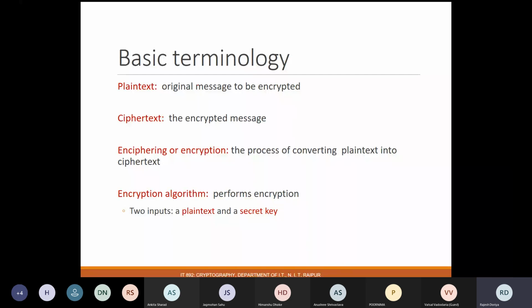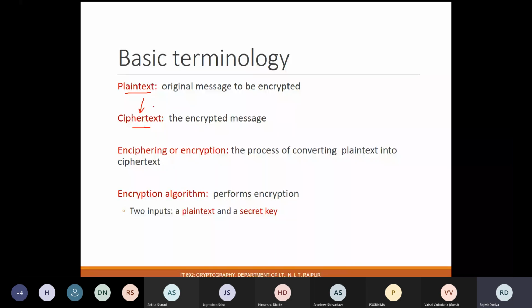For example, what is a plain text, what is a ciphertext. So whatever the original message which we want to be secured, that is treated as a plain text. The original message which you want to encrypt or which you want to make secure is your plain text. And after applying encryption techniques or any techniques over the plain text, the text which we get is termed as a ciphertext.